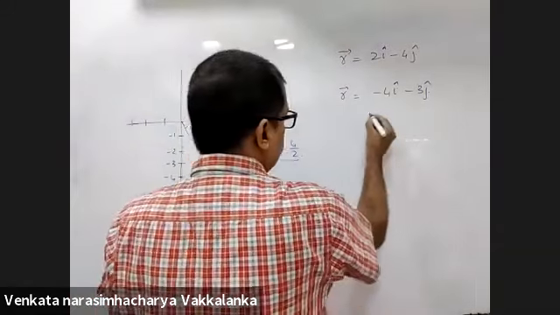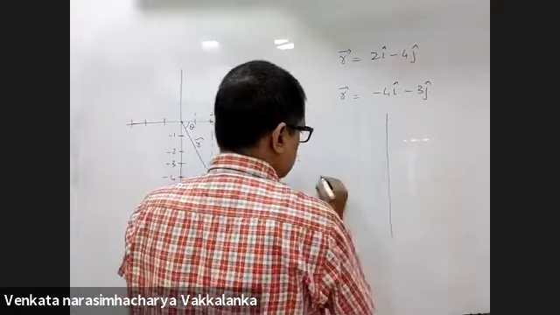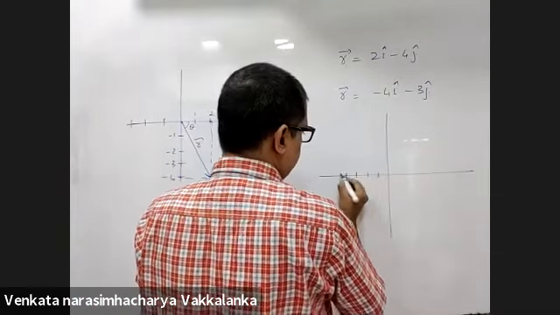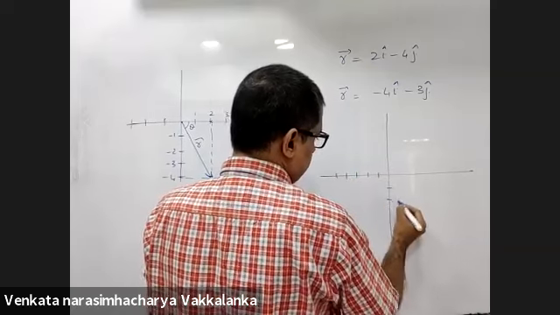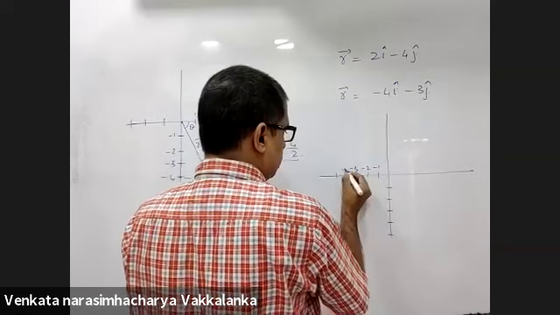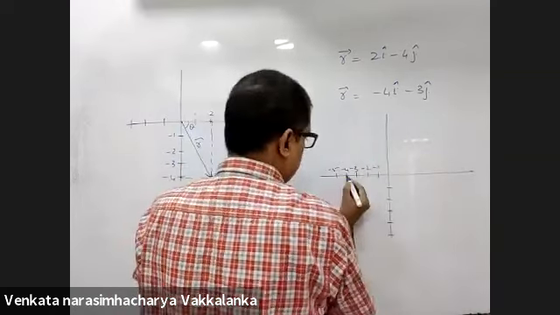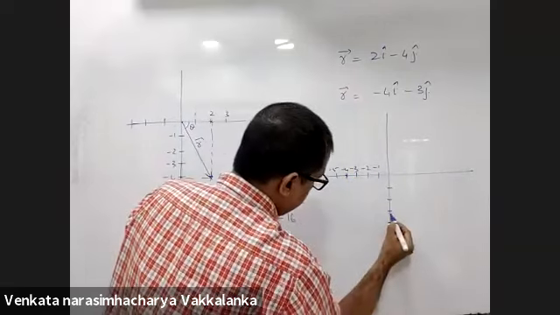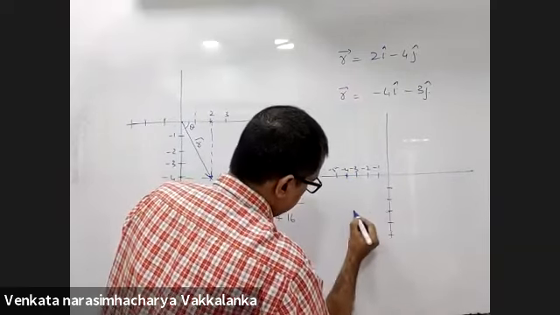Now, how do you represent this? 1, 2, 3, 4, 5. This is minus 1, minus 2, minus 3, minus 4.